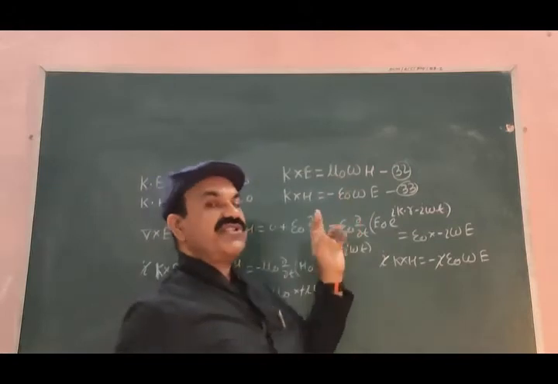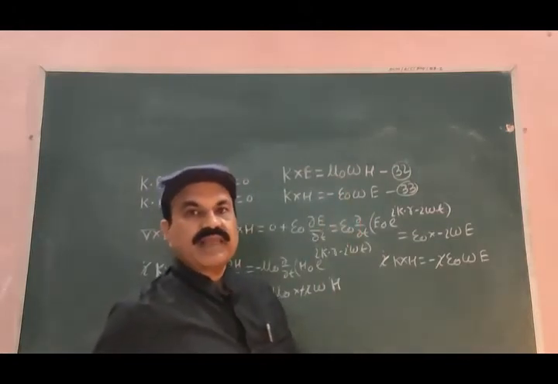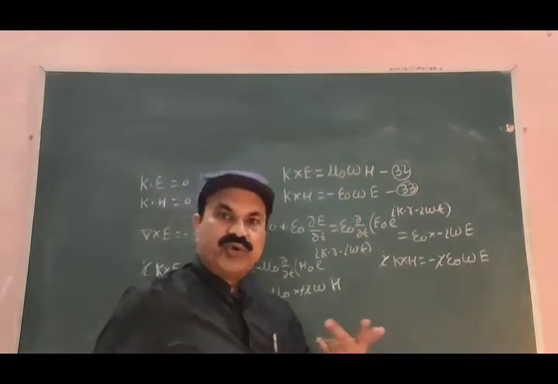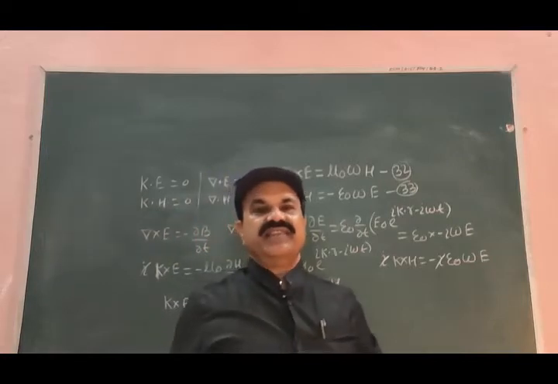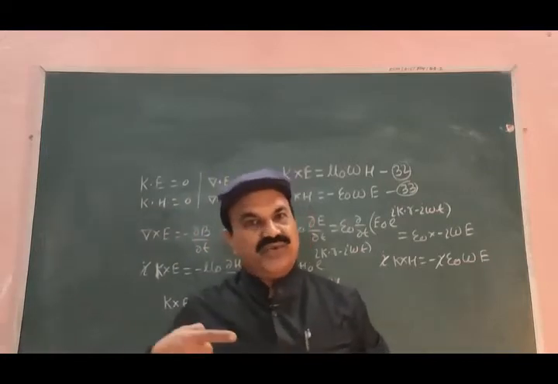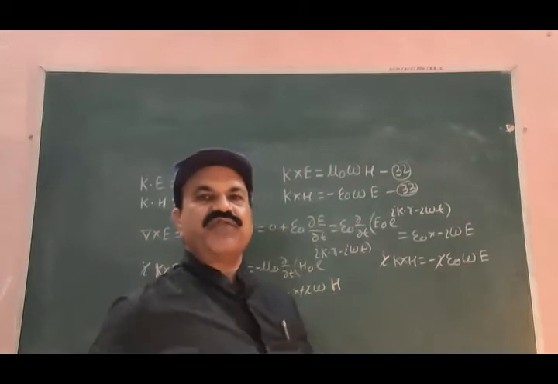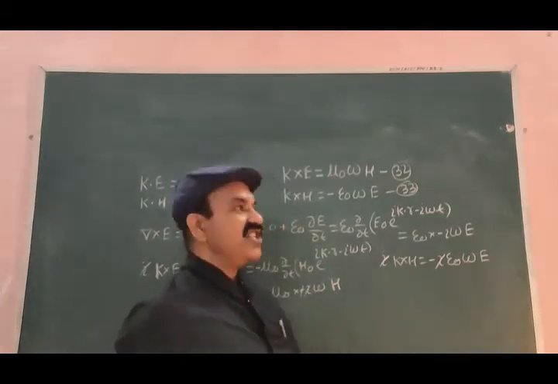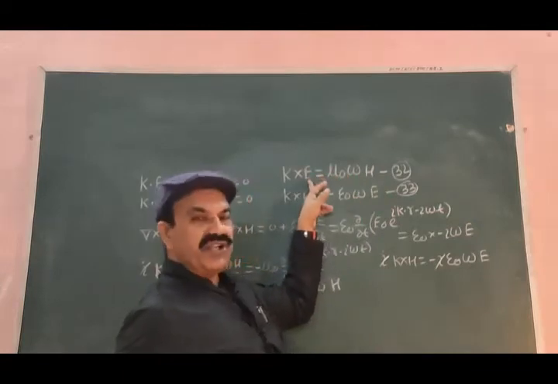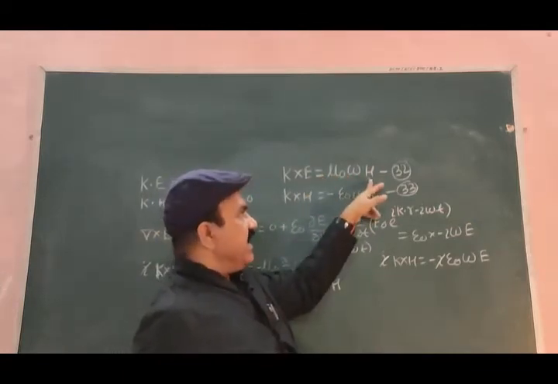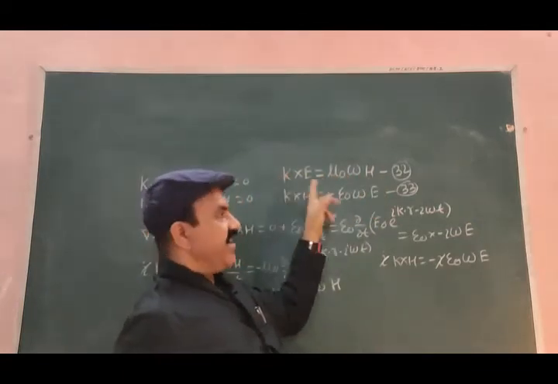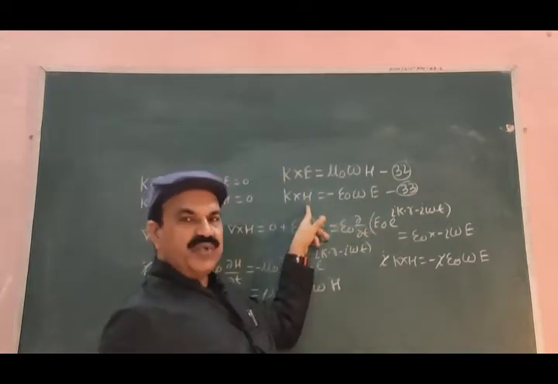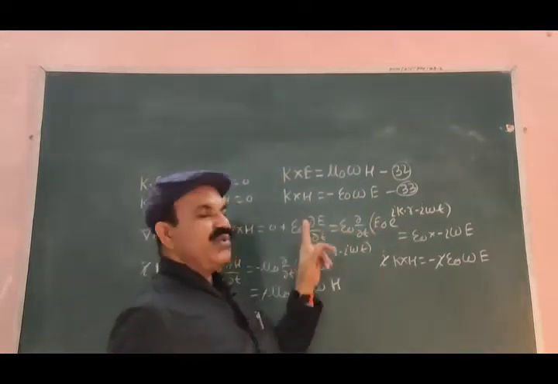And from these two equations, E and H both are perpendicular to each other. E and H are perpendicular to the direction of propagation of wave. At the same time, they are perpendicular to each other. H perpendicular to E, H perpendicular to K, E perpendicular to H, E perpendicular to K.